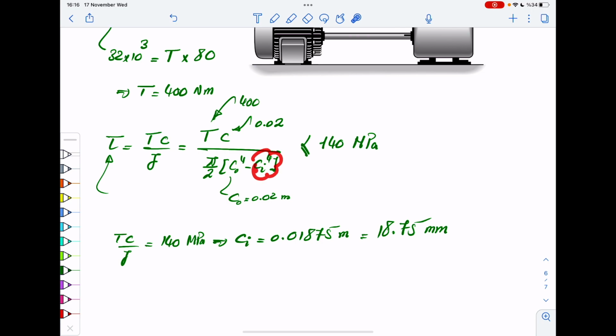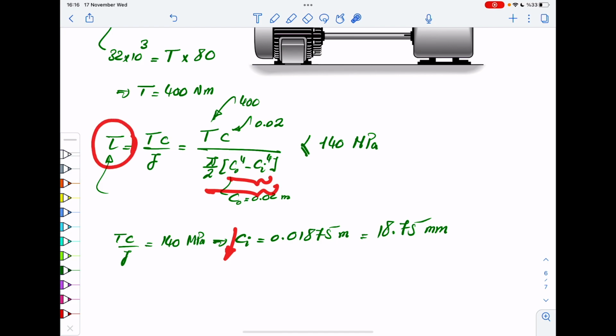So let's look at the formula. Here, CI comes with a minus. So that means if you decrease that, this number would get larger, right? If this number gets larger, it means the denominator is getting larger, right?